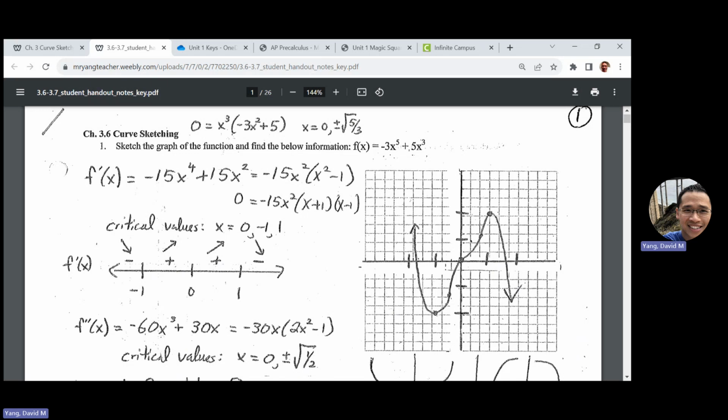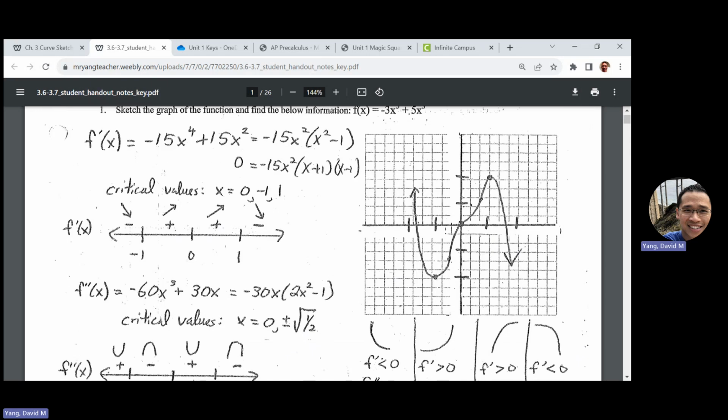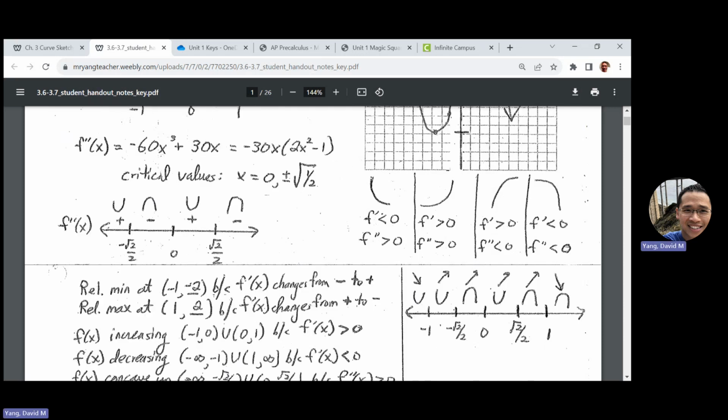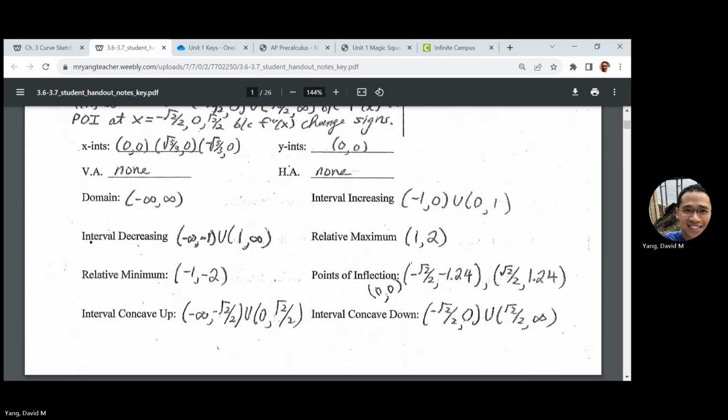Square root of 2 is like 1 point something. So I know it's going to be somewhere here. I'm just going to ballpark the value there. I know that I have relative min and relative max. My relative min and max are coming from -1 and 1. And if I plugged into the original function, I get -1, -2, and 1, 2.